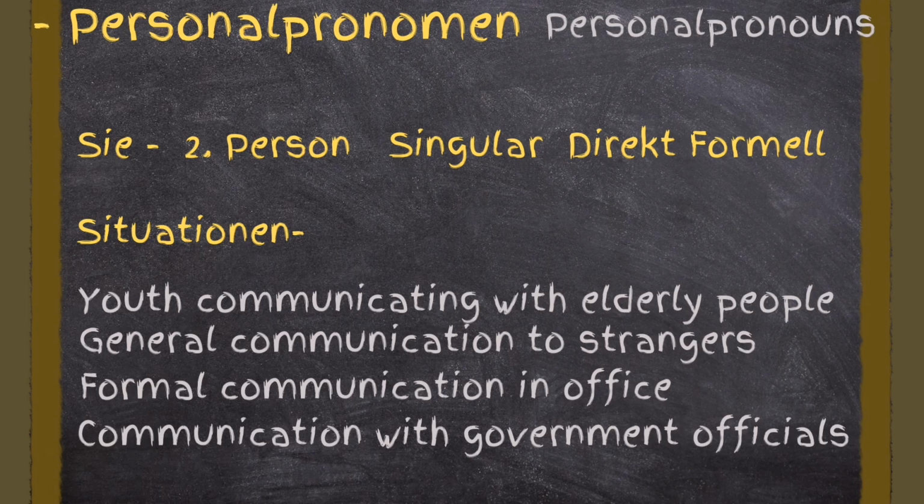Now, if you see the situations, there are many situations wherein we use capital Z while talking directly to the person. For example, when youth is talking to elderly people, they will address elderly people as capital Z.